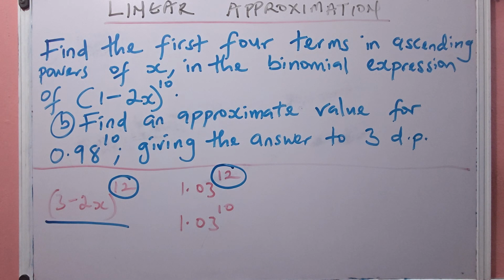So now, that being said, the very first thing you have to do in any question you're given is to expand the expression. That's the very first thing. Then from that expansion, you will be able to use the values in that expansion to get your final answer. So let's go right into this very first question, and let's see the concept around linear approximation.